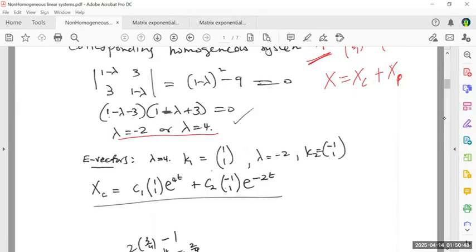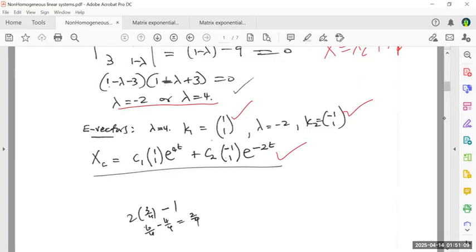Now I trust that you can find the eigenvectors. Just cross-check if you can get these two eigenvectors associated with the eigenvalues. And then you have your complementary solution vectors, which is the general solution using the superposition principle. So that's how you deal with the homogeneous system.